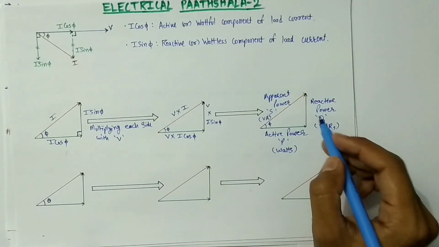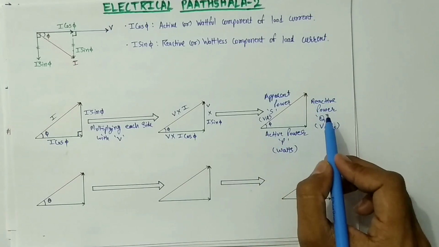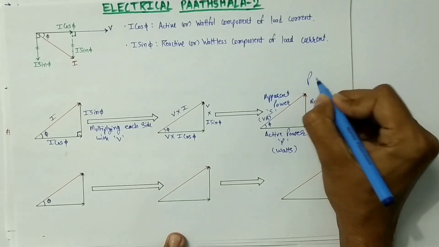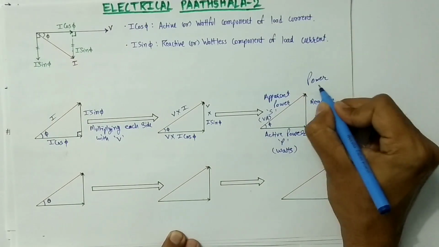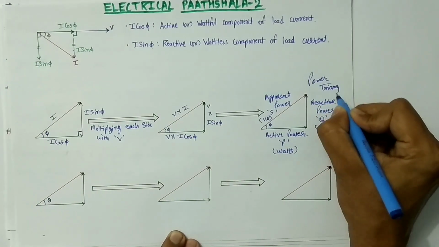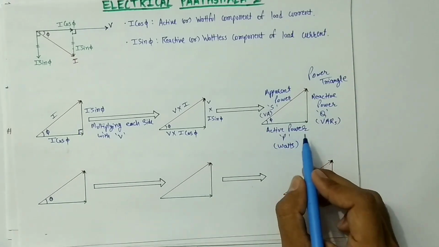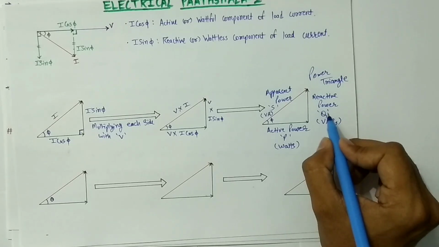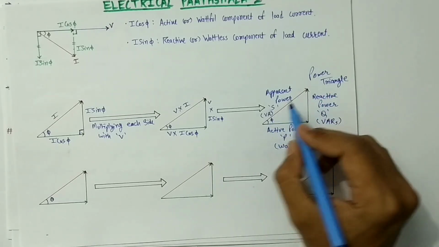So this triangle, which shows the relationship among active, reactive and apparent power, is known as our power triangle. The base represents the active power P, the normal represents the reactive power Q, and the hypotenuse represents the apparent power S.